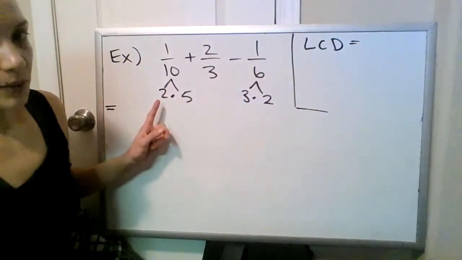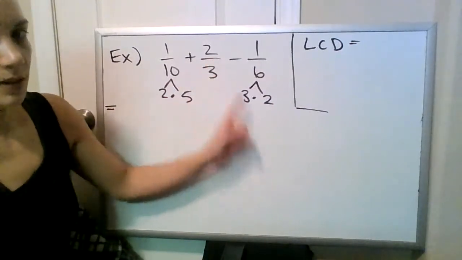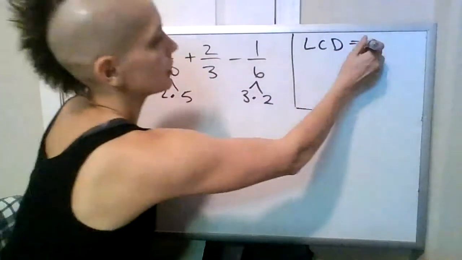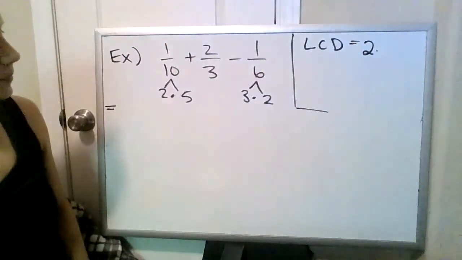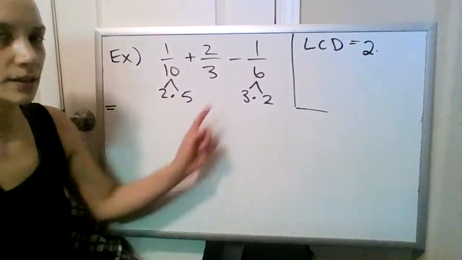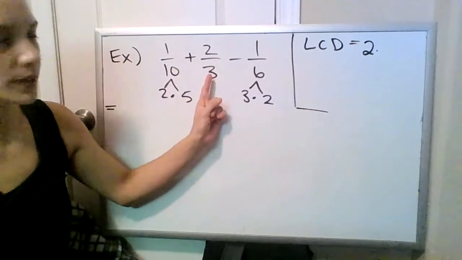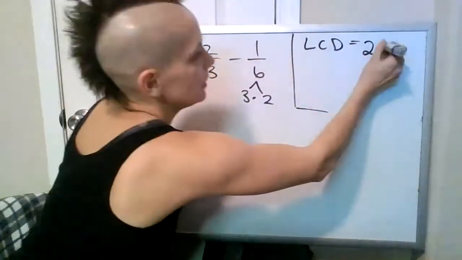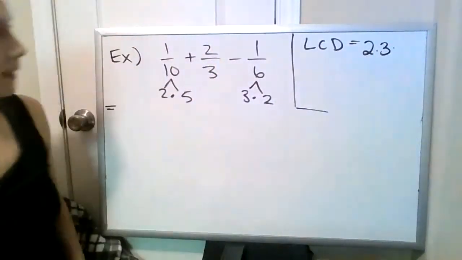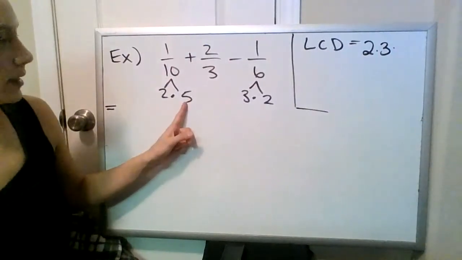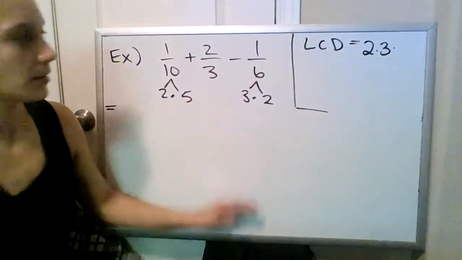One of the factors is 2. There's 1, 2. There's 1, 2. The other factor is 3. There's just 1, 3 over here. 1, 3 is the most I have. And there's 5. Just 1, 5.